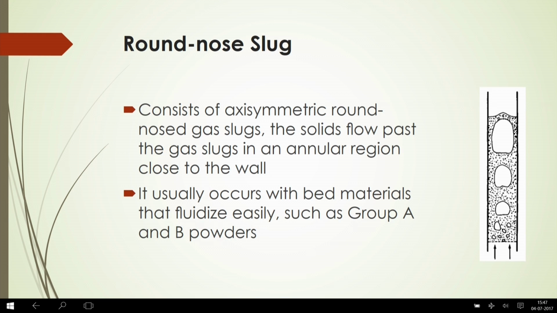So, it is very important that these round nose slugs are axisymmetric, and this phenomenon is seen basically for group A and group B powders, but for group D or group C particles you will not have this type of round nose slug.